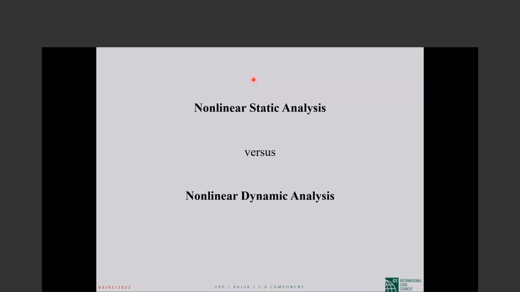The point is, there is a lot of research where you check the results of nonlinear dynamic analysis, which is a simulation of the earthquake, against the results of nonlinear static analysis, and the results are not quite the same, and you always use the nonlinear dynamic analysis as a judge. But this judgment is not really reliable.